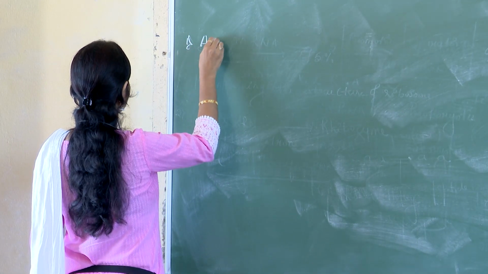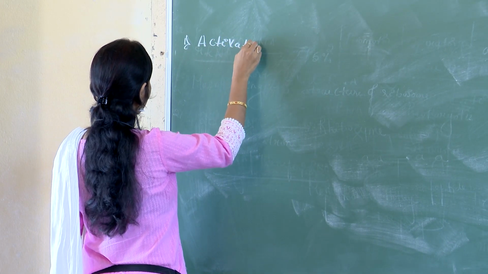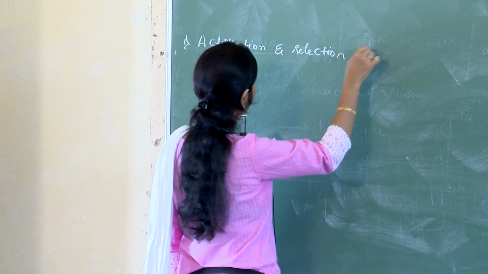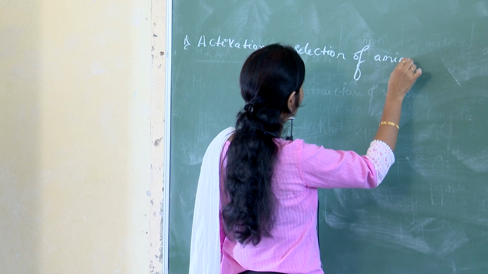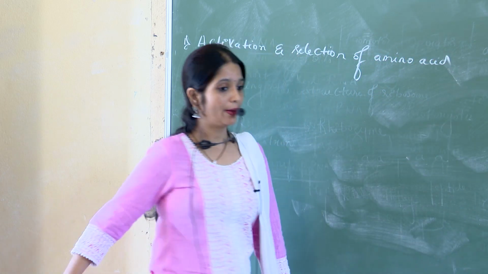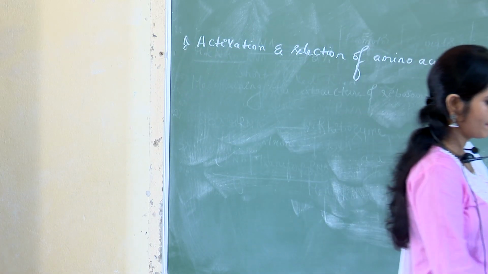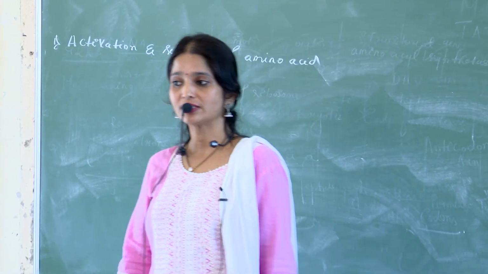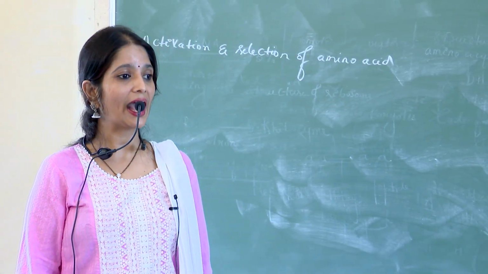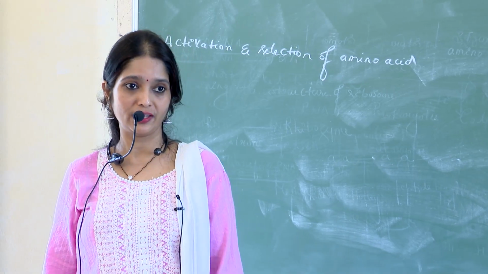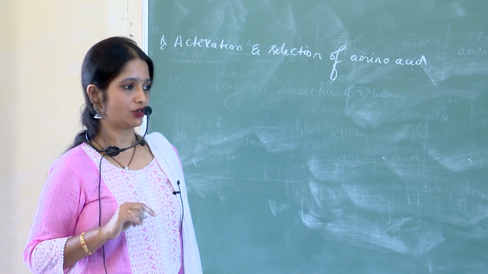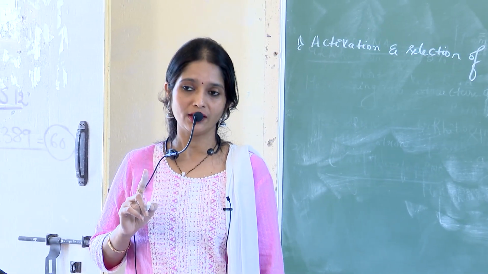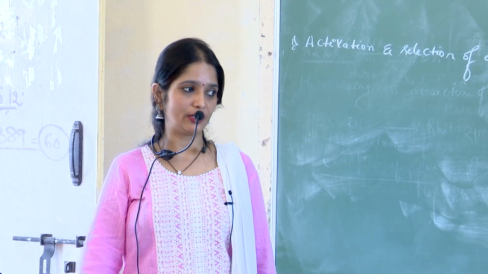First step is activation and selection of amino acid. The amino acids in the cytoplasm are not active. They are inactive. They have to be activated. To participate in translation, amino acid has to be activated, right?